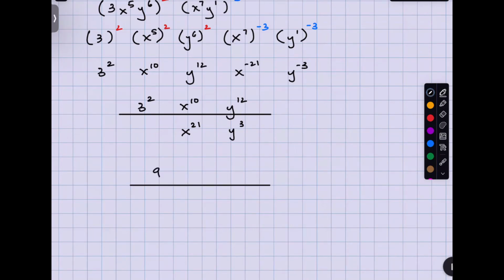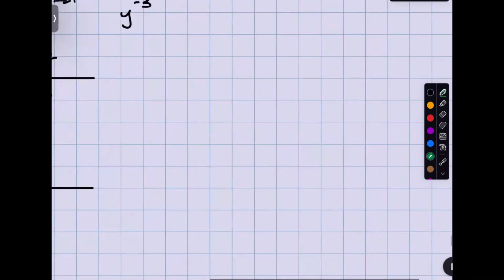Huh? There won't be 9 left. So here, let's do a sidebar. So 1, 2, 3, 4, 5, 6, 7, 8, 9, 10.